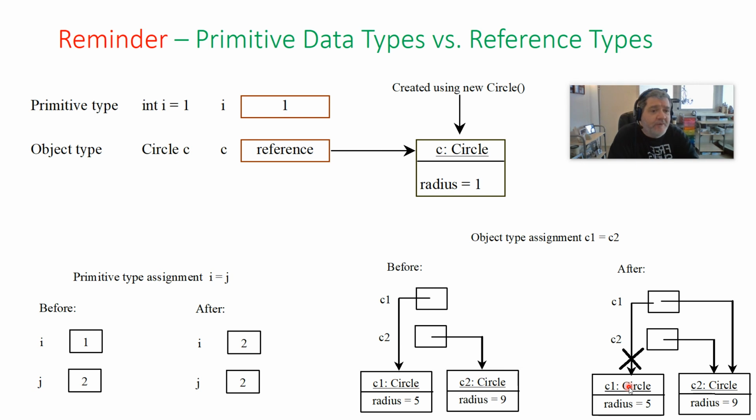If another reference variable was referring to it, then that would be fine. Okay, I don't want to destroy an object that 50 other reference variables are currently referring to, because that means there are 50 other opportunities in the code for code that needs to use that object. So I'm not going to destroy that for them. But personally, the variable C1, for my code, doesn't need to reference that circle object anymore.